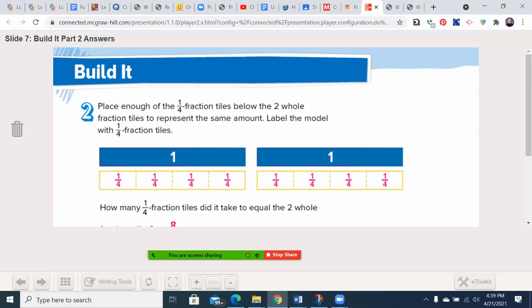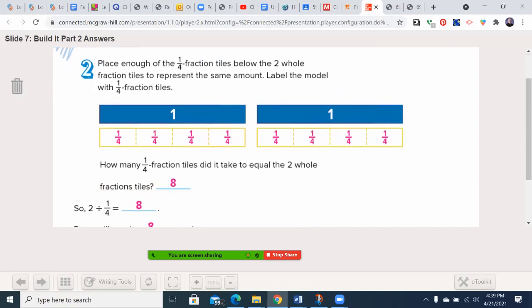I did neglect on the previous spot to label the model with 1/4. So you should write in 1/4, 1/4 on all of those. So go ahead and do that.